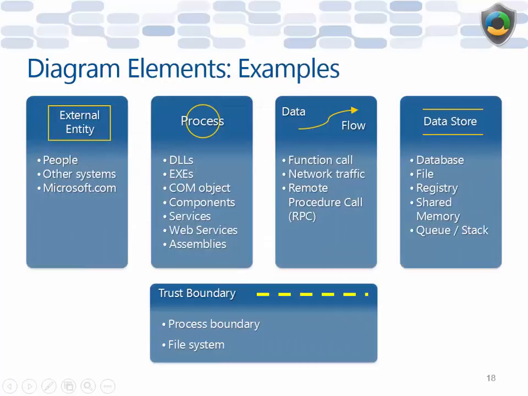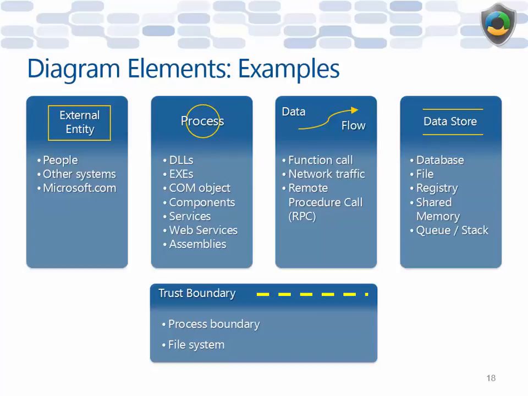So again, these are your symbols. You've got your external entity, and as it says, people, but the biggest thing there is other systems, because potentially you can be getting information in from another source. So that's going to have to be validated. Your process, typically that's associated with your code.